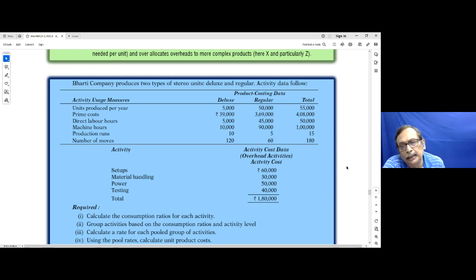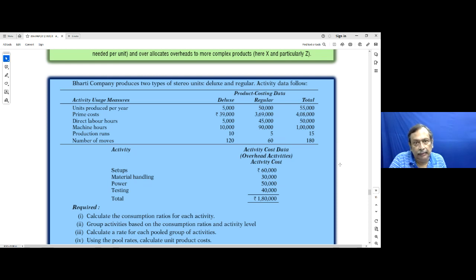Units produced per year, then prime costs, then direct labor hours, then machine hours, then production runs, then number of moves. And the activities which are actually being involved are noted under activity, and activity cost data, that is overhead activities or activity cost, are also given.